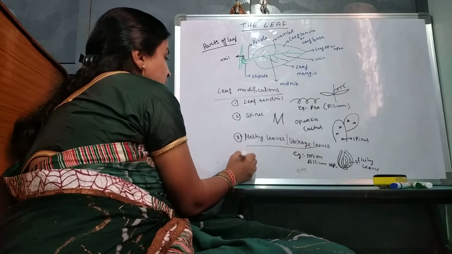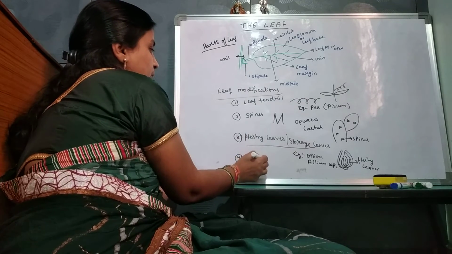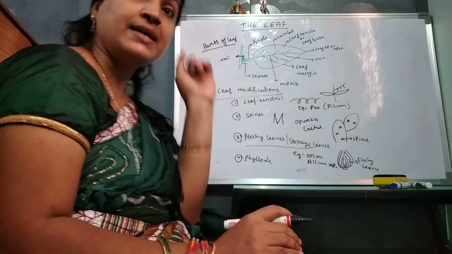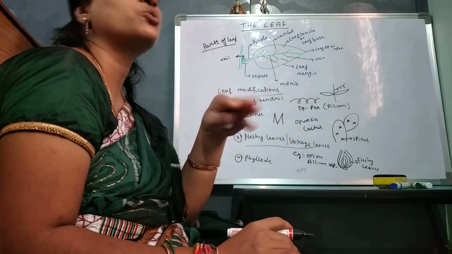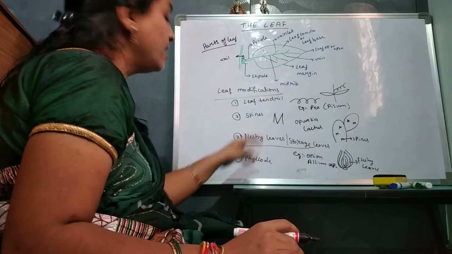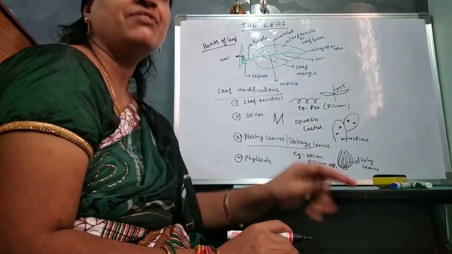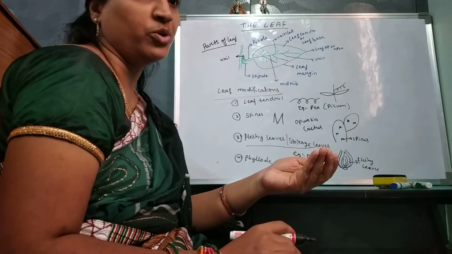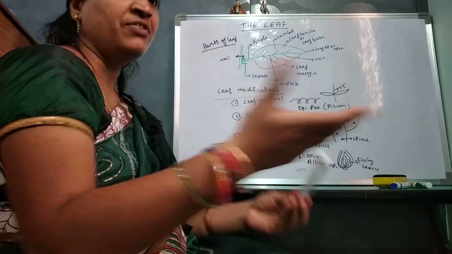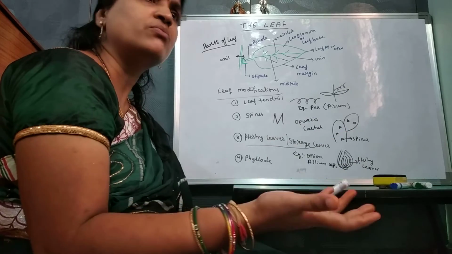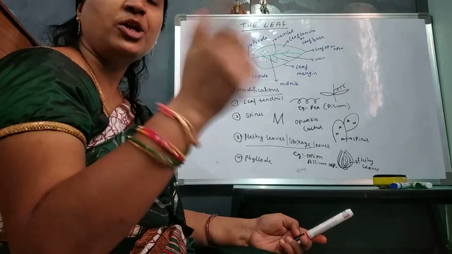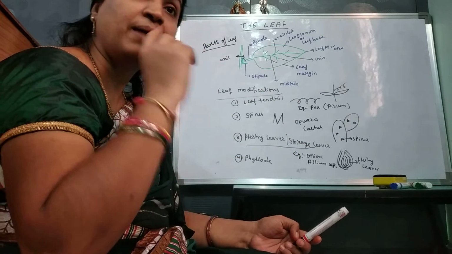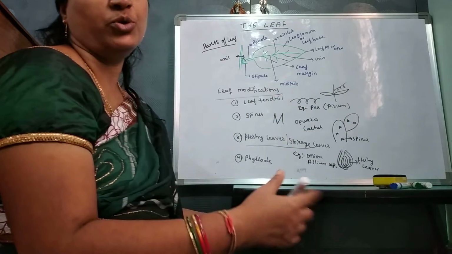Then phylloid. Yes, in stem modification it is called as phylloclade, the stem will be performing photosynthesis. Here the entire leaf or part of leaf is going to perform photosynthesis. You might be wondering, the leaf itself is going to perform photosynthesis, then why phylloid? Means here the part of the leaf, the petiole gets transformed, bears the chlorophyll and perform photosynthesis.